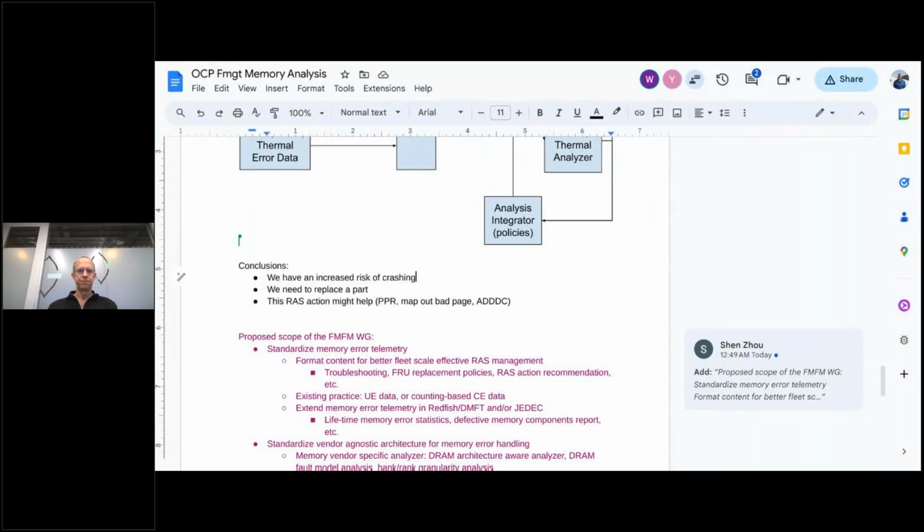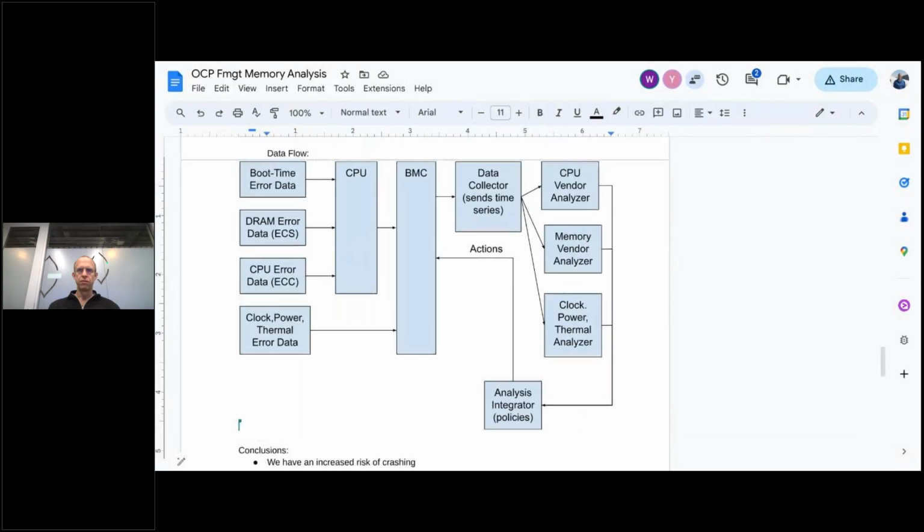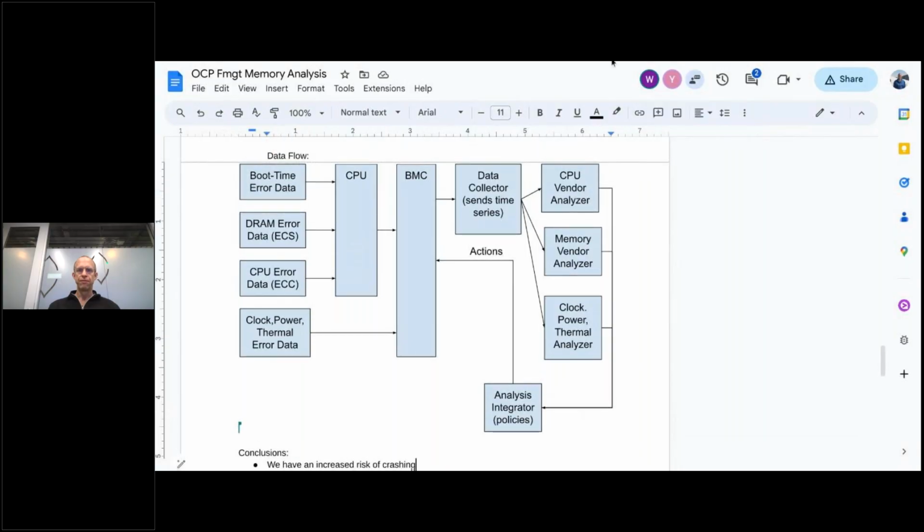What comment, Joe? I was thinking if we look at the memory vendor analyzer and the CPU vendor analyzer, that could be somewhat sequential. First the memory vendor analyzer for the memory fault, and then the CPU vendor analyzer to analyze at the platform level, coming to ECC.